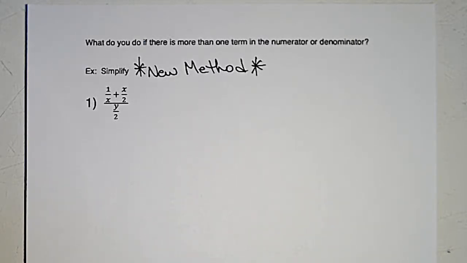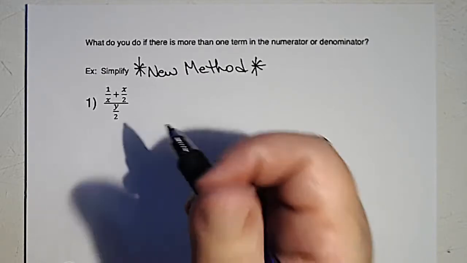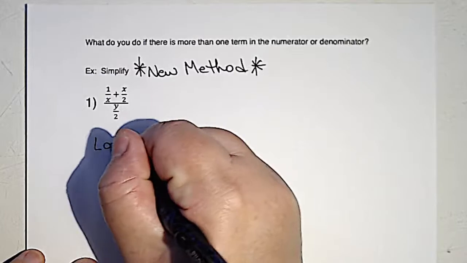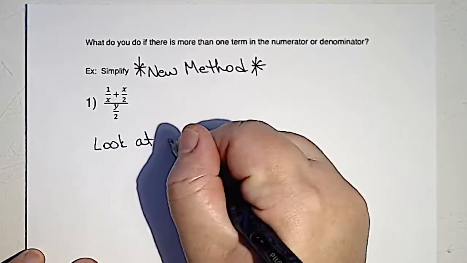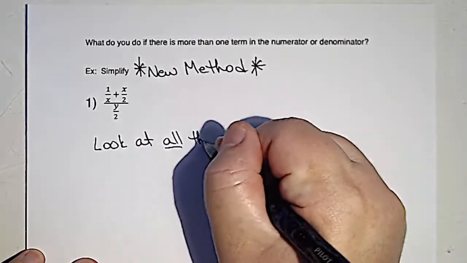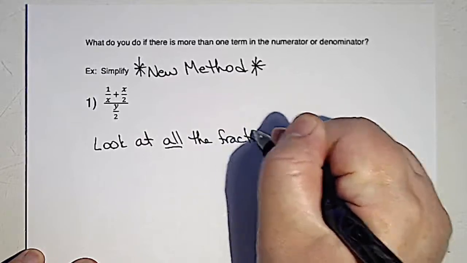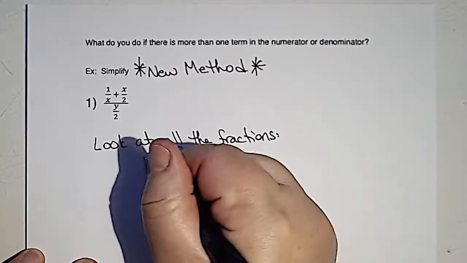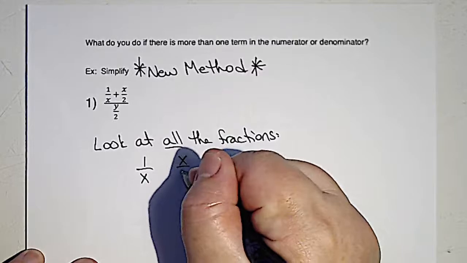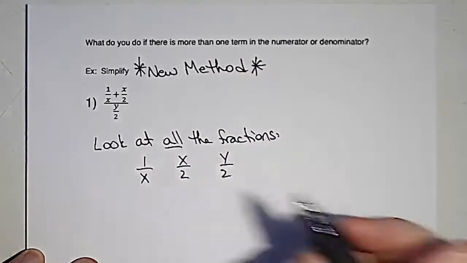It's going to be a little bit of work, but basically we're going to be clearing fractions, which since you've already learned about clearing fractions, this hopefully will be very natural. So look at all the fractions. I've got 1 over x, I've got x over 2, and I've got y over 2.